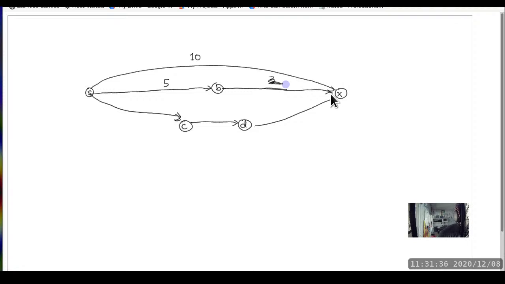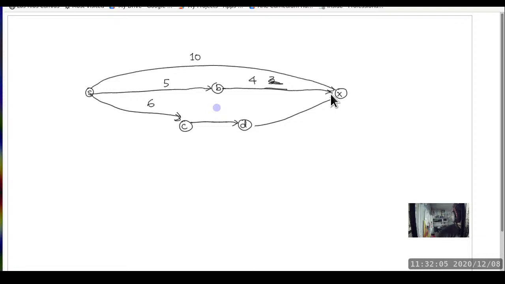So, how are we going to do this? The single edge is not going to be an issue. It's basically an issue between the double edge and the triple edge path from the starting point to the destination. So we'll make this a 5, 4, and then we'll make this a 6.